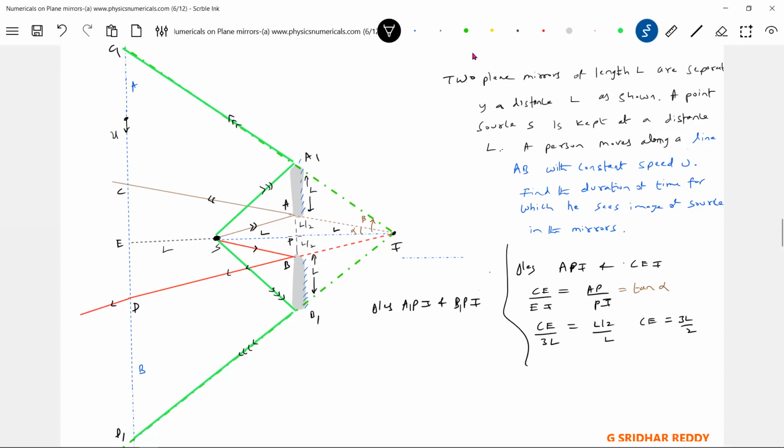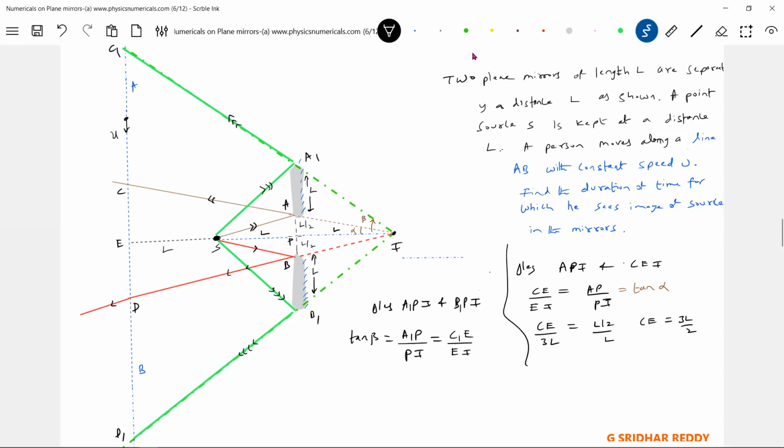From these triangles, tan beta is A1P by PI and C1E by EI.